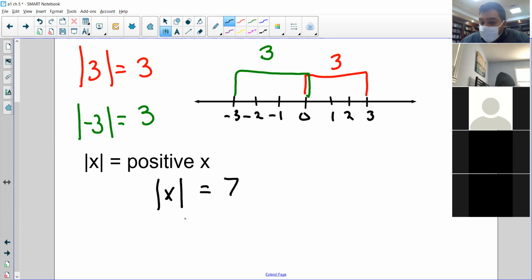7. So somebody gave me one answer. Negative 7 could be plugged in here. What else could be plugged in here? -7.